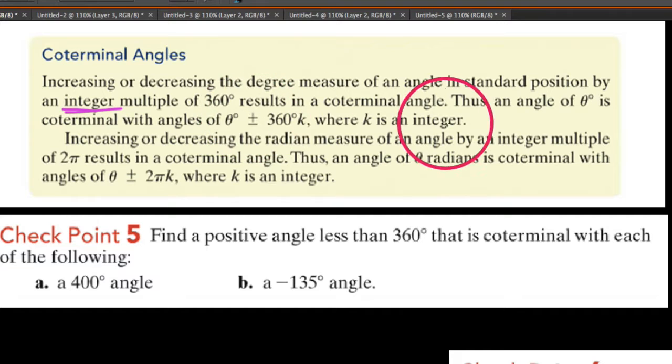Thus an angle of theta degrees is always coterminal with angles of theta degrees plus or minus 360 degrees times some k, where k is a whole number.